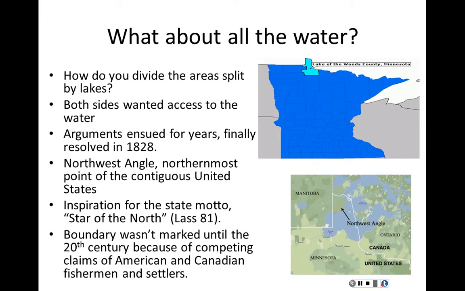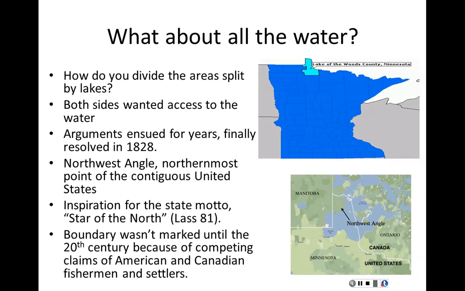So that part of the area north of Lake of the Woods is part of the United States. It's just there's no land access to it, so you would have to leave, go into Manitoba, and drive over there if you wanted to go there by land. It's very sparsely settled.